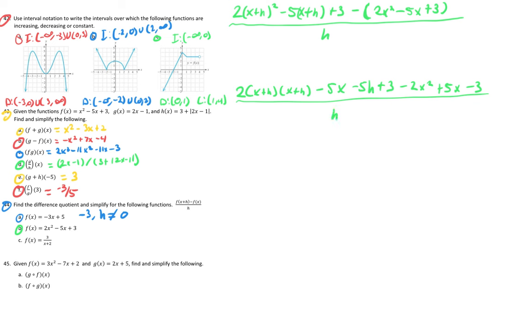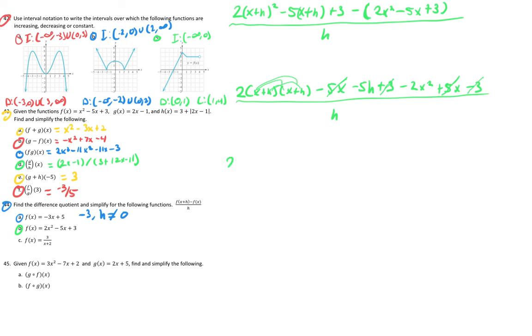And we can do some simplifications here. So that plus 3 will cancel with the minus 3. This plus 5x will cancel with that minus 5x. And then we'll need to FOIL this component.